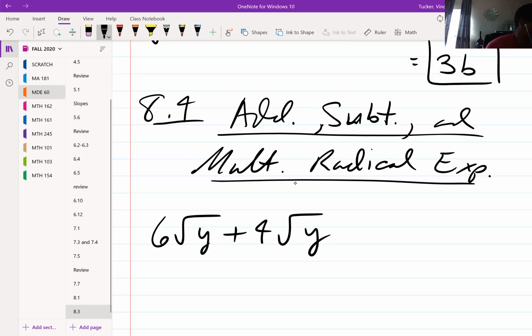So whenever I want to add or subtract these radicals, I have to have, for adding and subtraction, the same radicand.